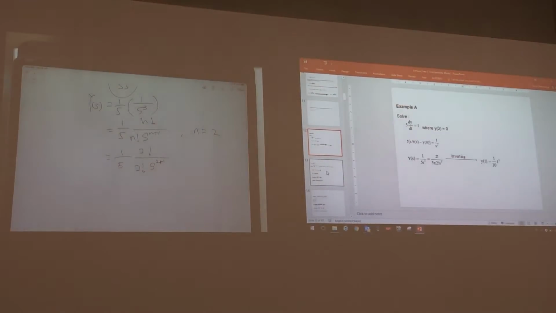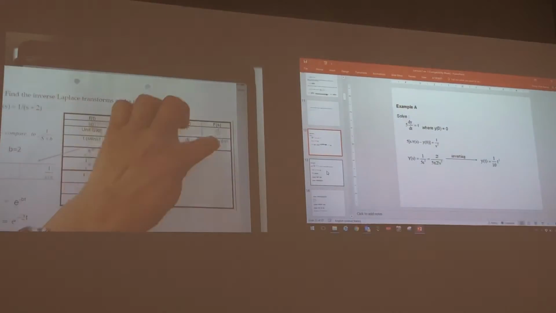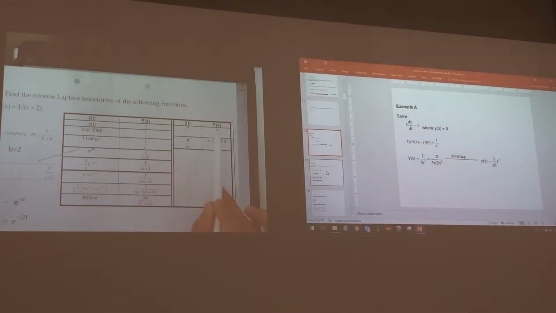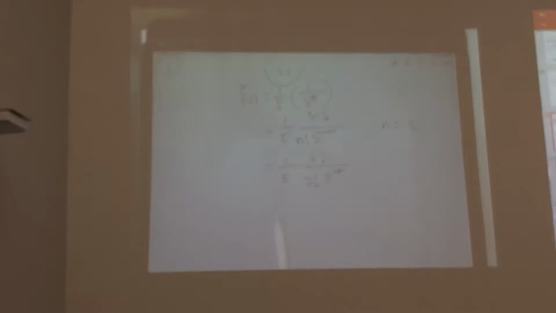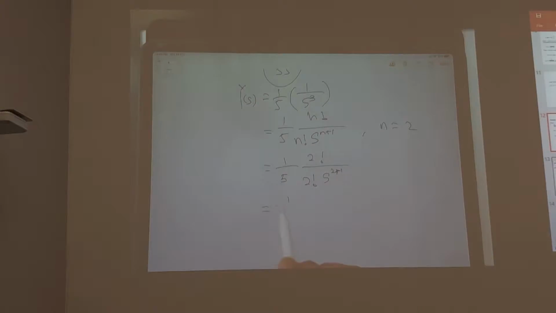Okay, right? So in this case, n is 2. If I use this table itself, what I have is, if I invert it back, it becomes t power of n. N is 2, so it becomes t power of 2. So what I have is 1 over 5 times 2 factorial.